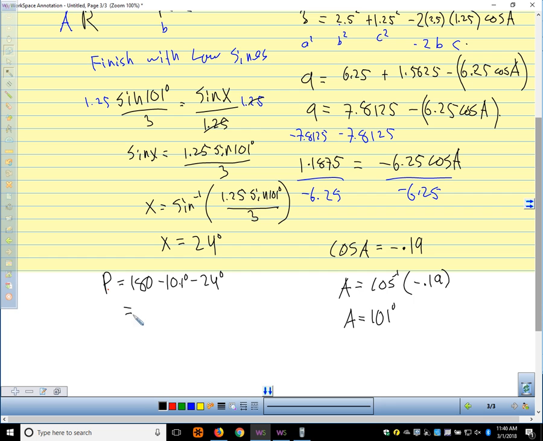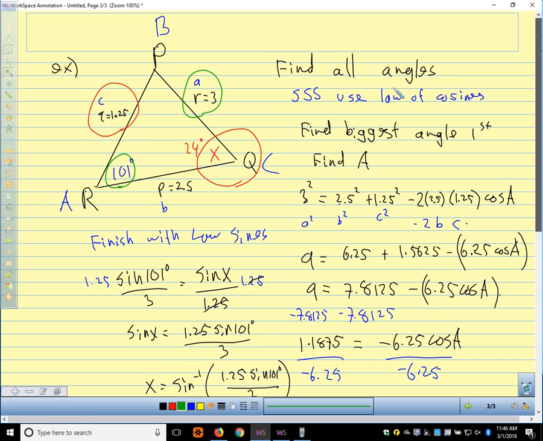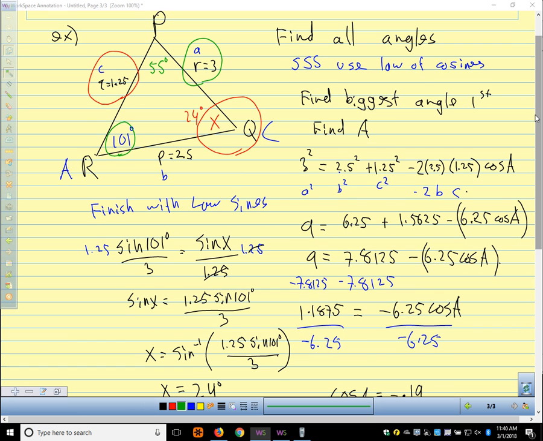And that turns out to be 55 degrees. So now we have all the angles, all the sides. So we would say we've solved the triangle. Law of cosines, especially when you're finding an angle, takes a little bit of work.